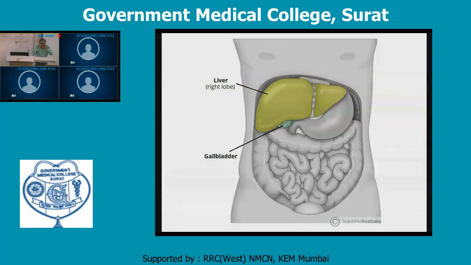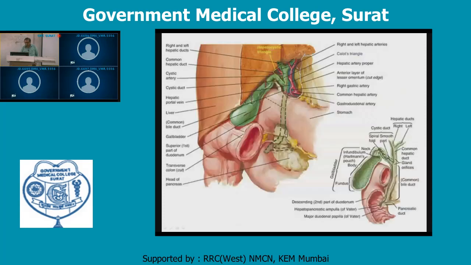Now one can notice the posterior relation of this fundus: posteriorly it is related with the transverse colon. Once again, the transverse colon is located behind this fundus. This one is the liver and this is the fundus.